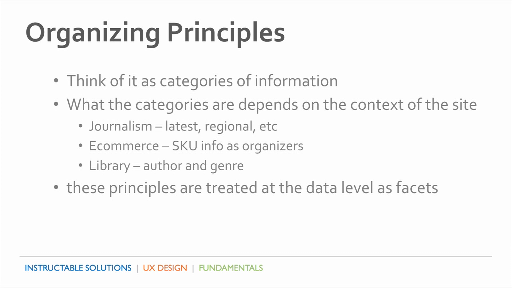At the data level, these principles are treated as facets. To explain that a little further, if we think about a book, a product, similar to our exercise last week, each one of those elements used to describe that product is a facet. The author of a book. Author is a facet. The author's name is the attribute.